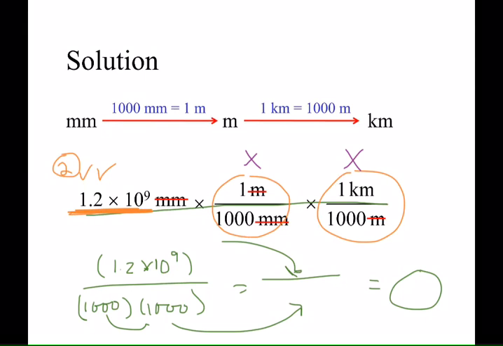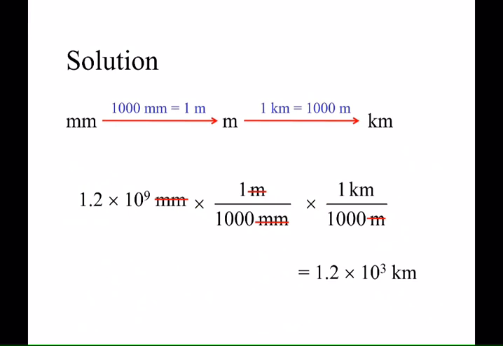And why is that? They are exact, by definition. The definition of milli and kilo. So we need to round our answer to 2 sig figs. So what you're going to get is 1.2 times 10 to the 3rd kilometers. Dun dun!